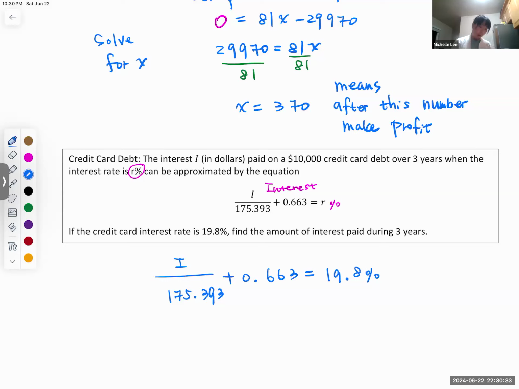Okay, now we subtract 0.663 from both sides.